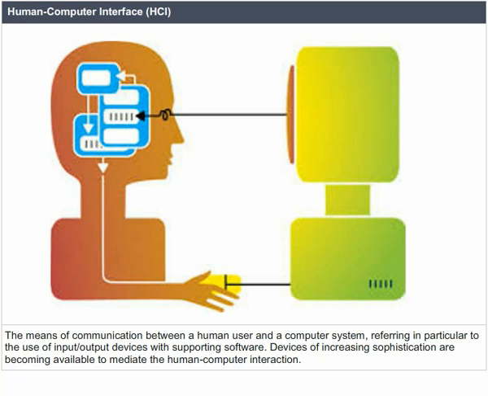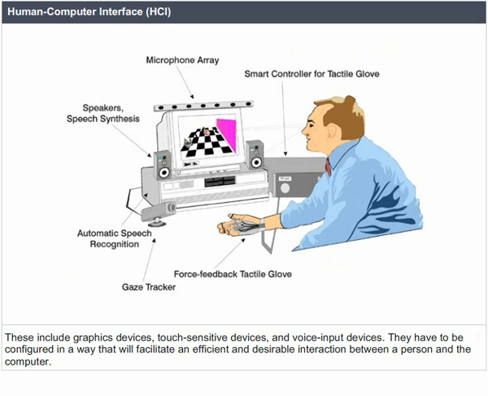Devices of increasing sophistication are becoming available to mediate the human-computer interaction. These include graphic devices, touch-sensitive devices, and voice input devices. They have to be configured in a way that will facilitate an efficient and desirable interaction between a person and the computer.